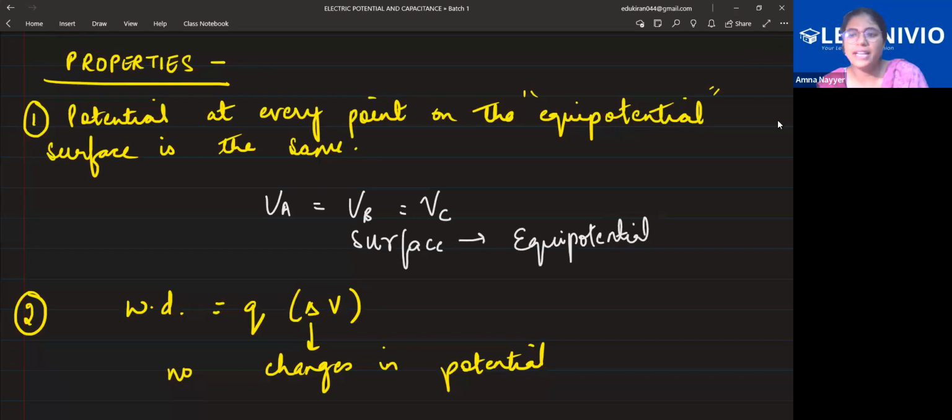Secondly, if the potential is not changed, fine. If VA is let's say 2 volts, VB is also 2 volts, VC is also 2 volts, then the change in potential will be what? Can anyone tell me what will be the delta V's value?